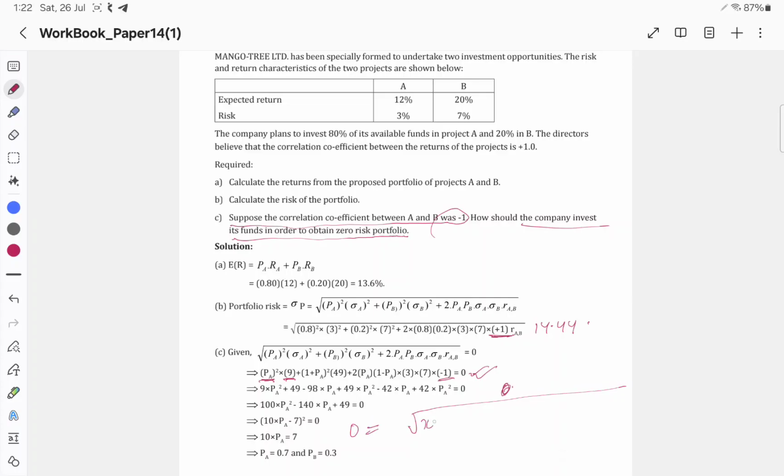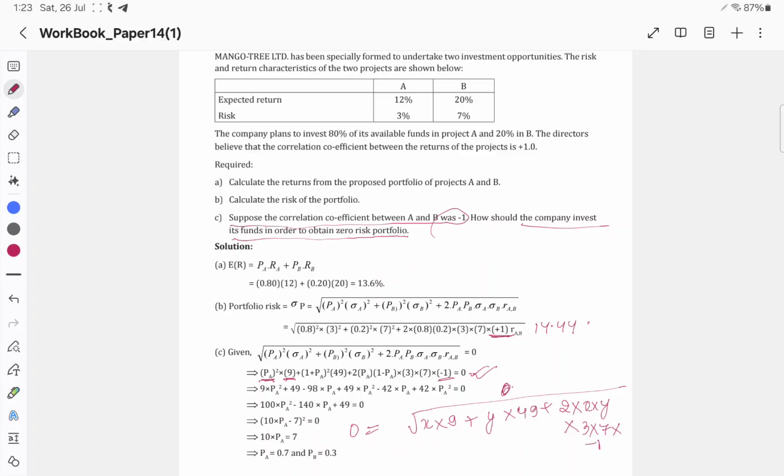Weight square, we are assuming it as x, into variance, that is 9 only, plus weight square y into 49, plus 2 into x, y weights into standard deviation 3 into 7 into correlation coefficient as -1.